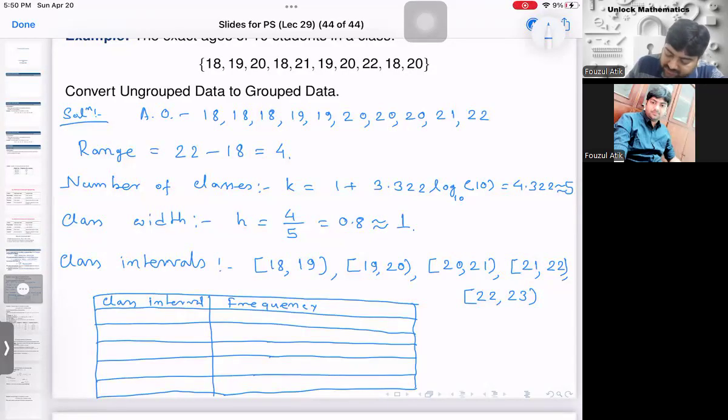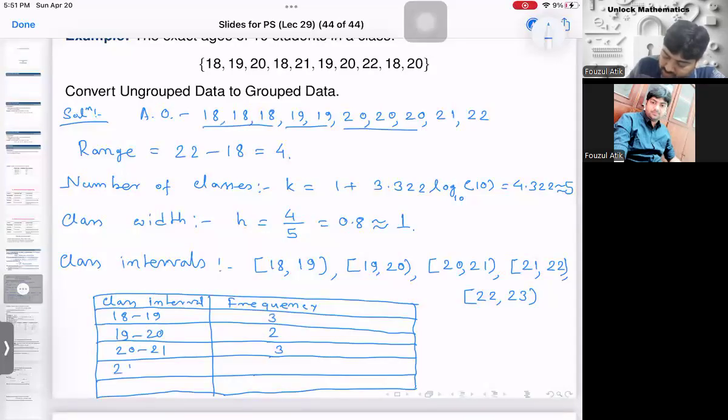The class interval is 18 to 19. How many elements are there between 18 and 19? There are 3, so the frequency is 3. Between 19 and 20, there are 2. Between 20 and 21, there are 3 again.